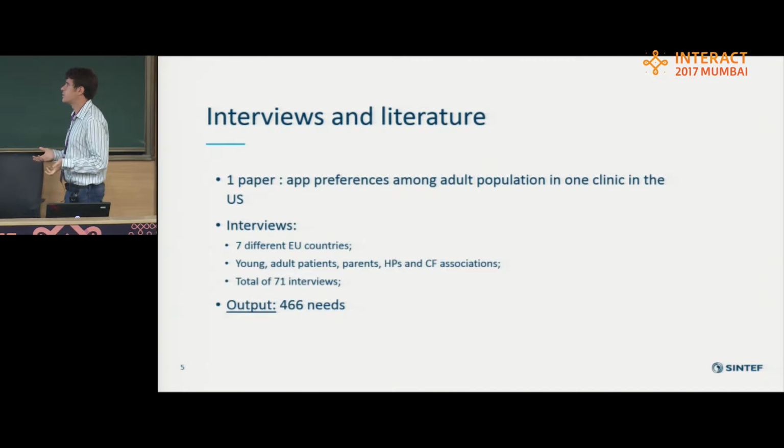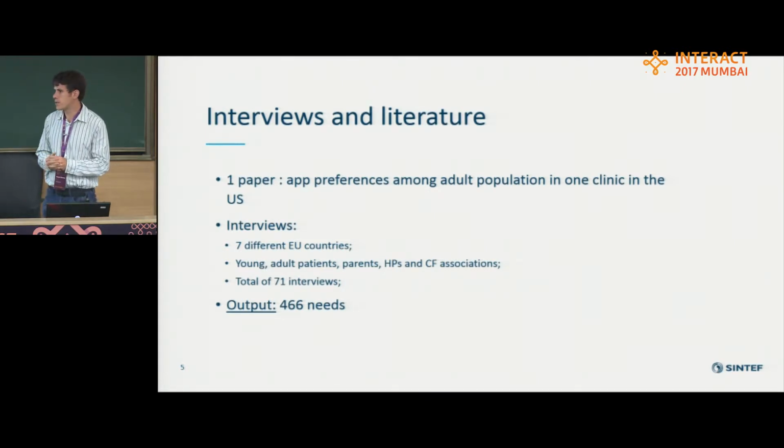Regarding the interviews and the literature, I don't know if it's because it's a rare disease or such, but we found just one single paper looking at app preferences for people with cystic fibrosis in terms of self-management, how they could benefit from mobile applications for helping the self-management. That paper was surveying adults in a clinic in the US, and so we expanded from it.